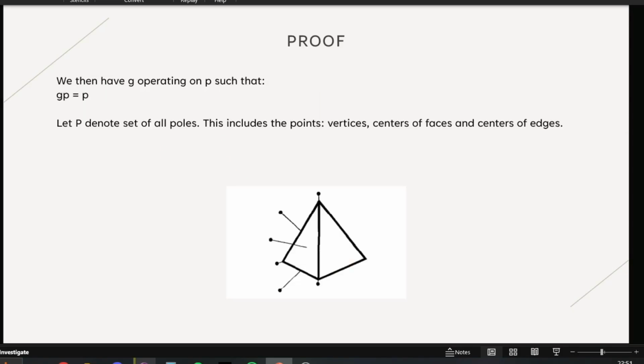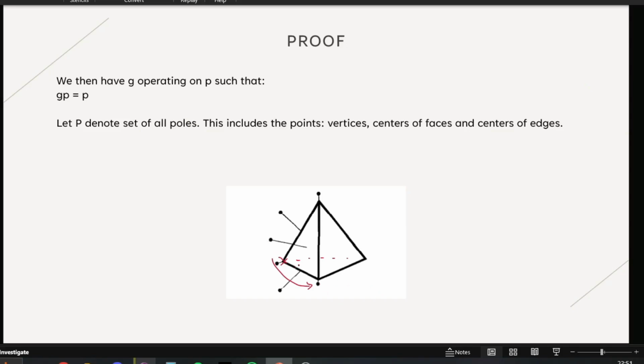Next, whenever we have any group element G operate on a pole, it will give us some other pole. For example, in this image, this is a tetrahedron. This is one pole. If we have an operation G on here, it will go from one pole to the next pole.